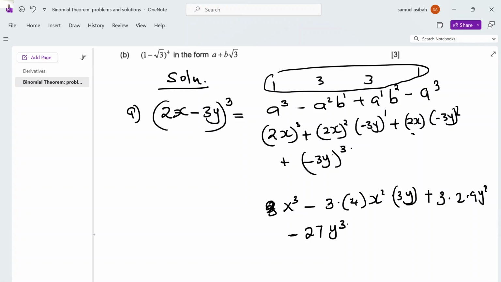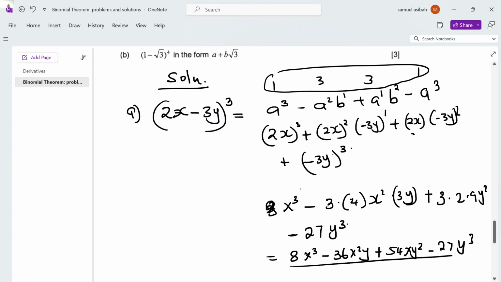So as you finalize, we can have 8x cubed, as we can see there, minus that is 4 times 3, 36 x squared y, plus that is 3 times 3 times 9, that's 54 x y squared, then minus 27 y cubed.